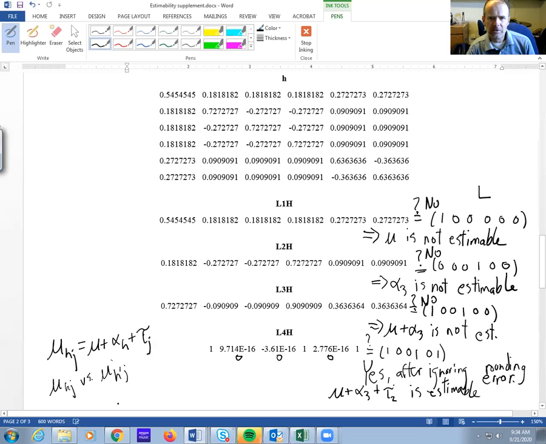So if we can estimate those two things, we should be able to estimate the difference, right?